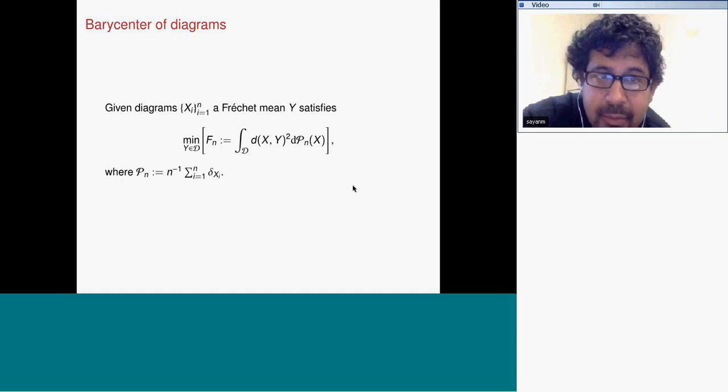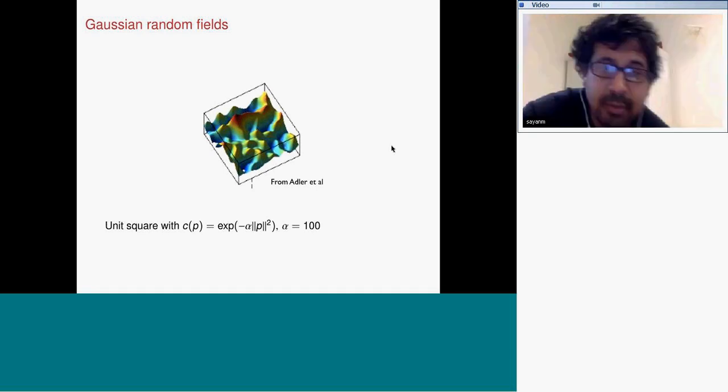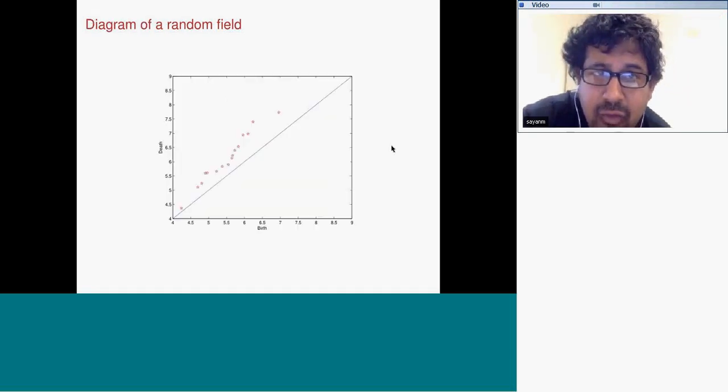So if I take samples, I can define an empirical Frechet mean, and that's in this slide. Does this empirical Frechet mean converge to the true mean? This is in a random field, and you can get it from a Gaussian random field.